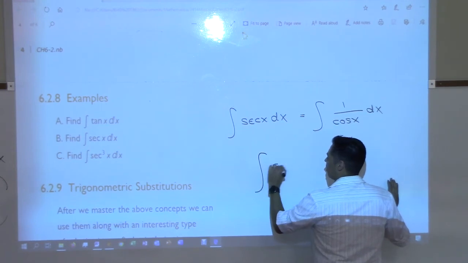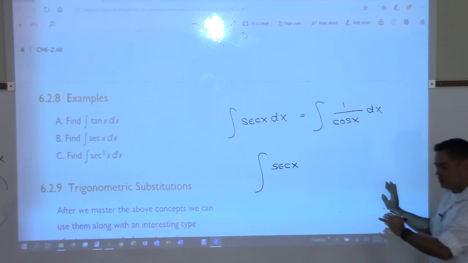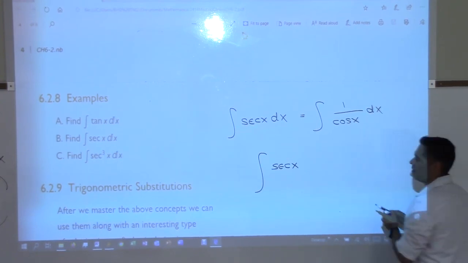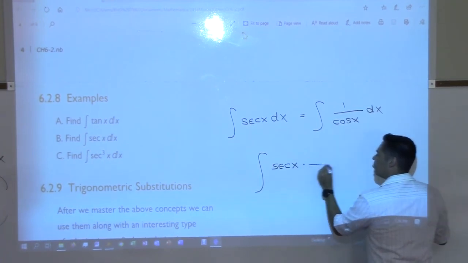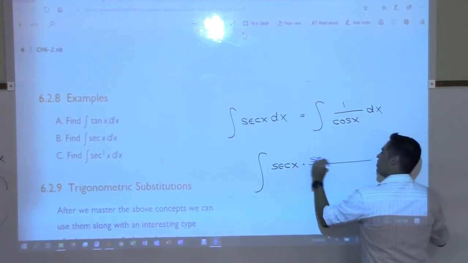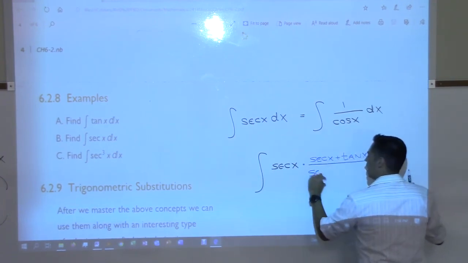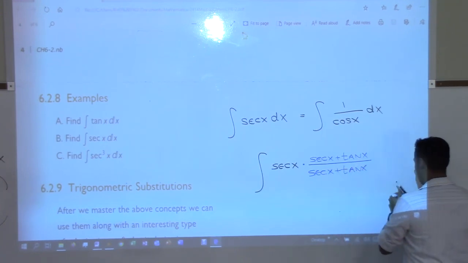Do you all agree that any expression you're ever given, you can always multiply by 1? So check out this crazy 1 I'm about to multiply by. I'm going to multiply this times secant x plus tangent x over secant x plus tangent x. Now that just seems ridiculous, right?